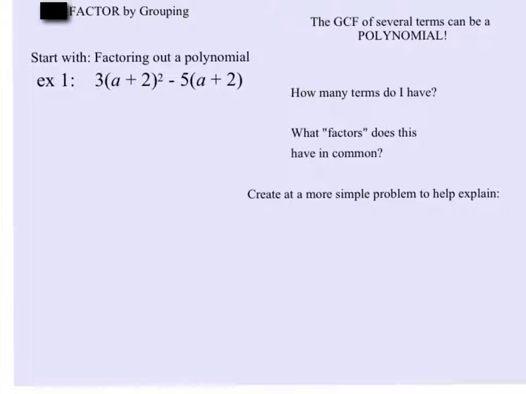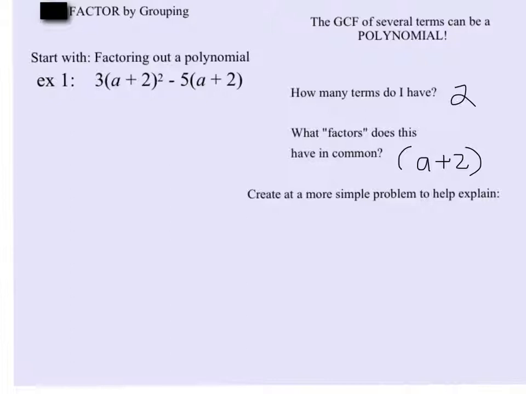It's a binomial, right? You've got to look big picture. And those two terms have something in common. They have the group of a plus 2 in common. Both of them have that factor in common. So while I only have two terms here, they do have a GCF. It just happens to be something a little bit bigger than what we've been used to dealing with.